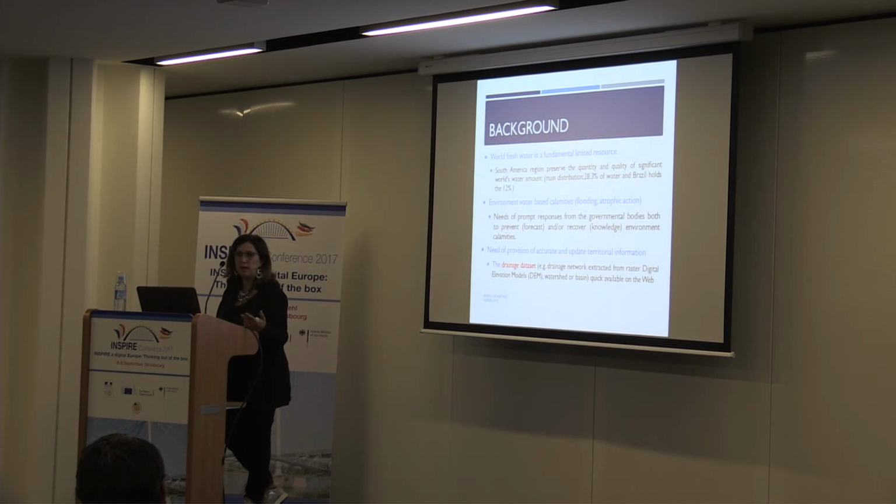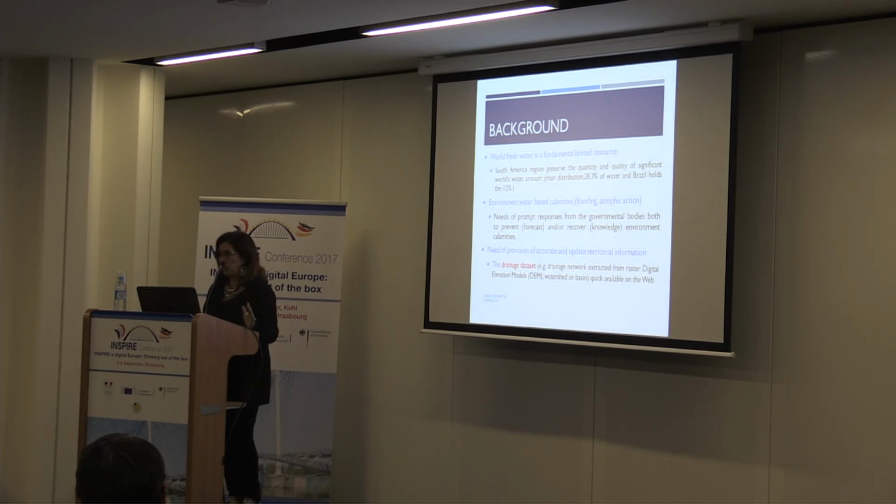And among these, we are focusing on the drainage data set, by which we mean drainage network basins that are extracted from digital elevation models, and that, from our point of view, should be available on the web to all the community or all the stakeholders that have to face such kind of calamities.